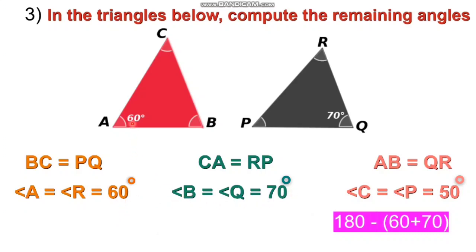So what will be C? The sum of the three angles is 180 degrees, so C is equal to 180 minus (60 plus 70), which is 180 minus 130, equal to 50 degrees. So angle C equal to angle P is equal to 50 degrees.